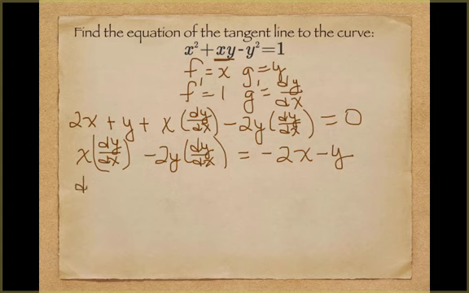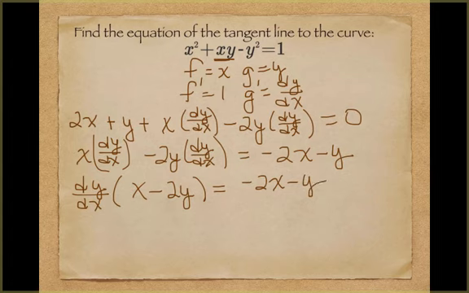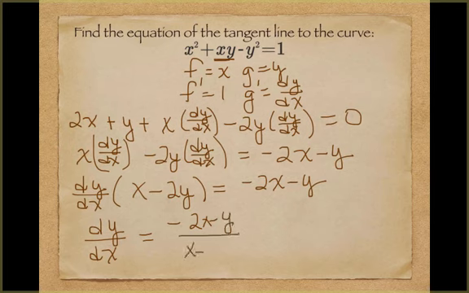Factoring out dy/dx, then dividing by the x minus 2y, so dy/dx equals negative 2x minus y all over x minus 2y.